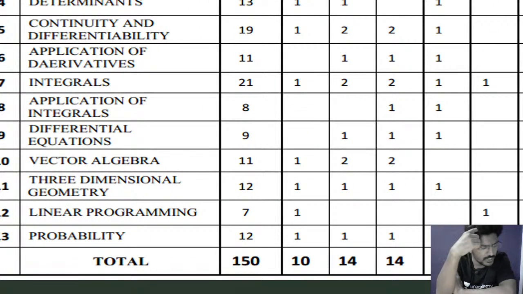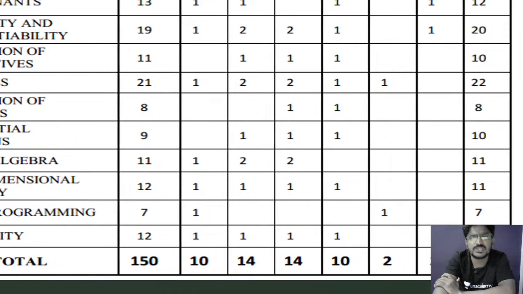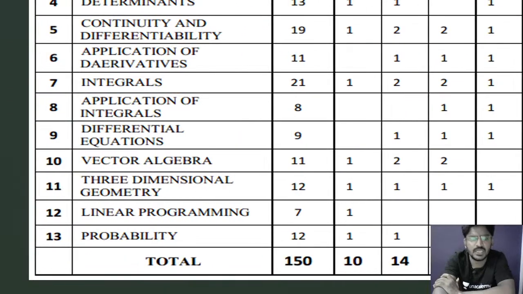The 1 mark question will mostly be from the definitions of vectors. Then there is three-dimensional geometry. Again I am saying, please concentrate on the restricted syllabus. That restricted syllabus is going to help you a lot in this particular way of solving.